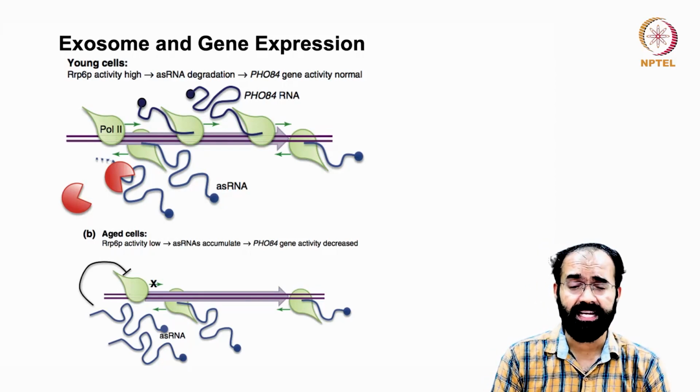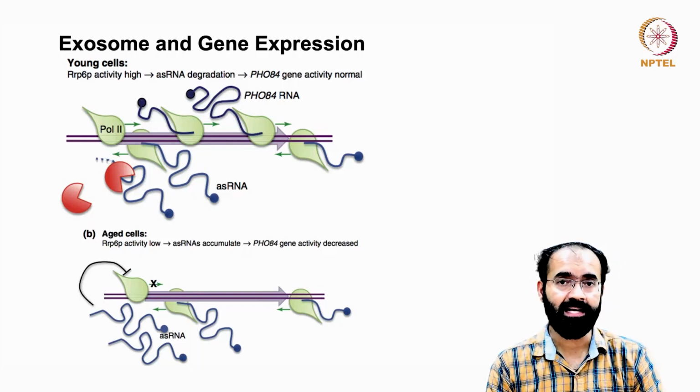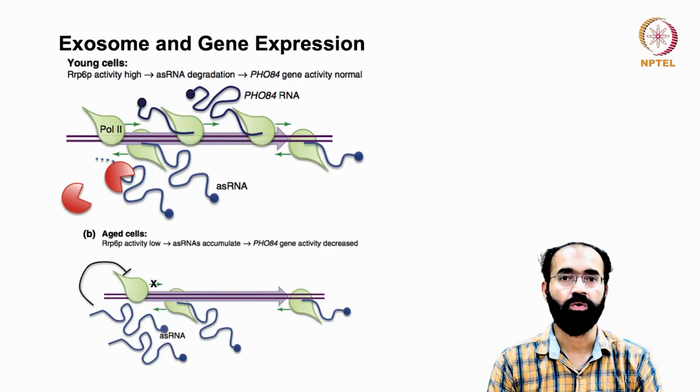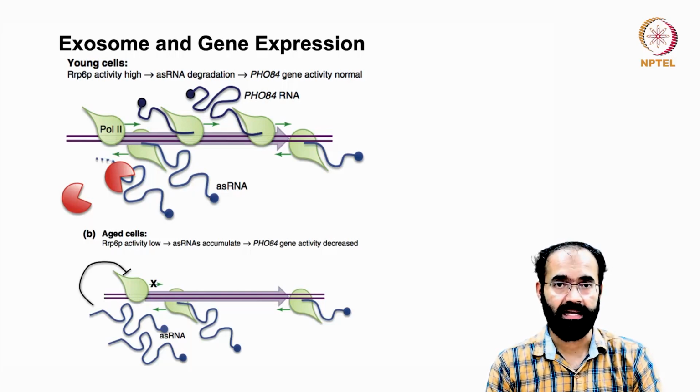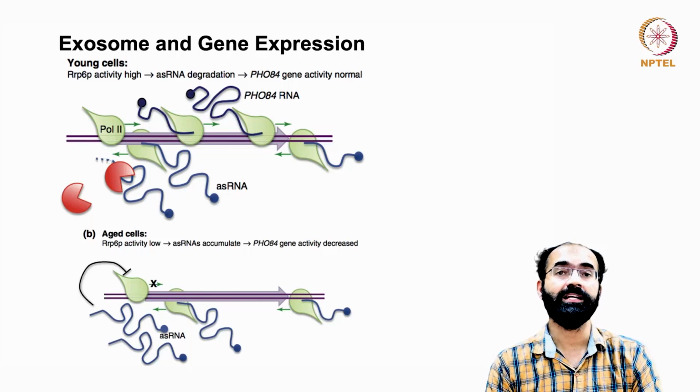So the change happened mainly because of whether a cell is young or old. The age of the cell decided whether RRP6P activity is strong or weak.